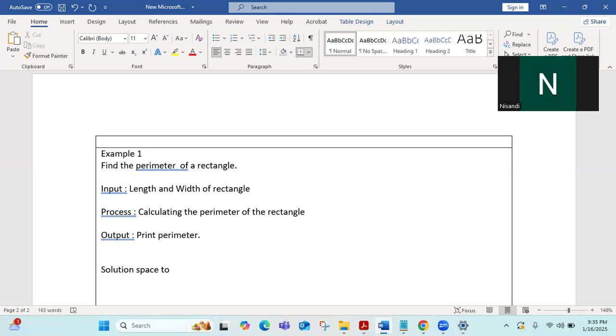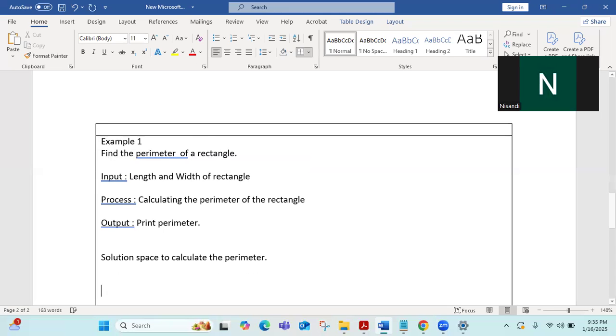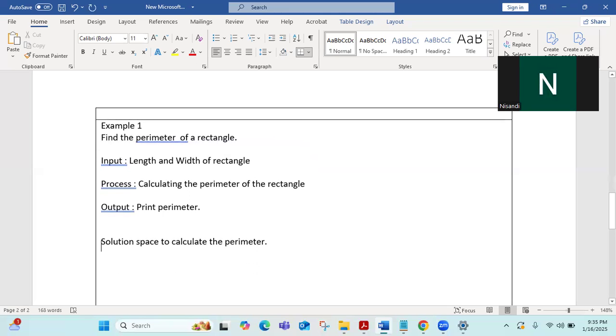Solution space to calculate the perimeter. First solution. So what are the different ways you can calculate the perimeter? Can you tell me one method?